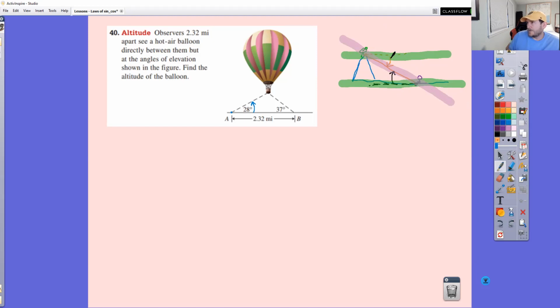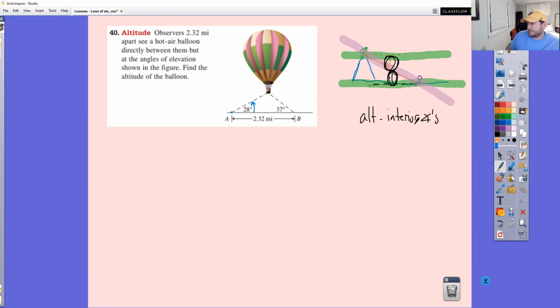Well, your angle of depression and your angle of elevation are alternate interior angles. So they'll always be congruent, okay? Your angle of depression and your angle of elevation between the same two people or birds or whatever, they'll always be congruent. And I mention all that, not because it's relevant to this problem, but because maybe it'll be relevant to future problems.